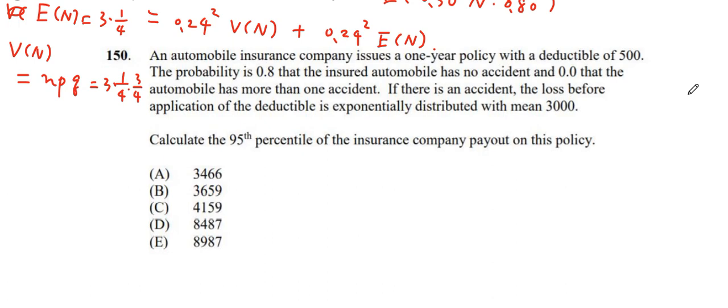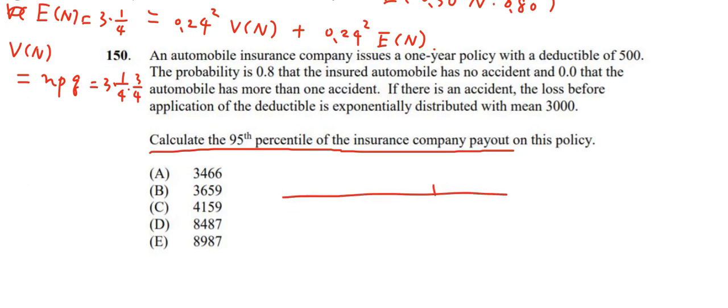So for problem 150, we need to calculate the 95th percentile for payment. So this looks like that. We want to find a cutoff point.